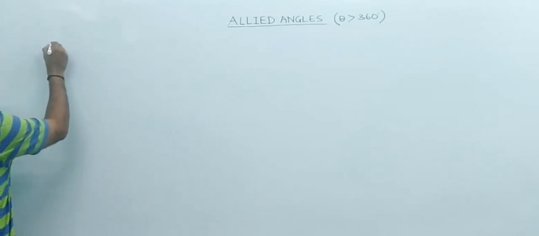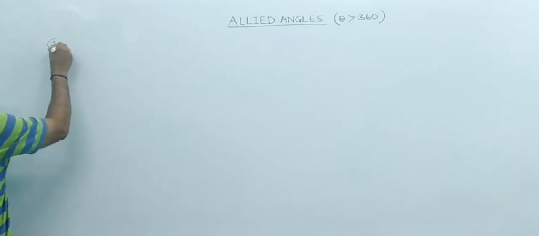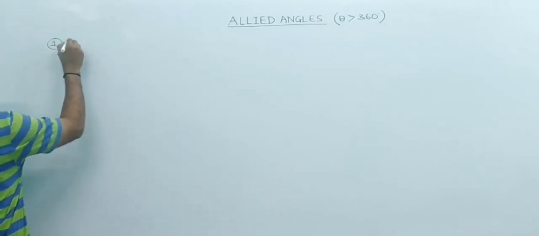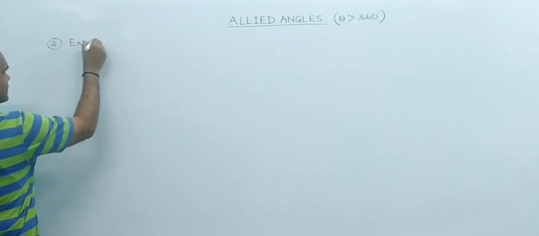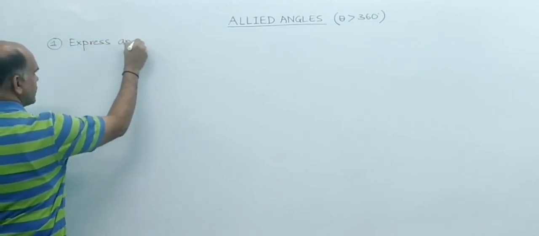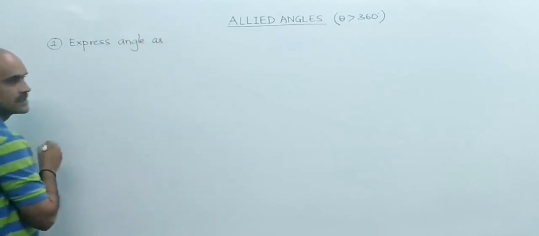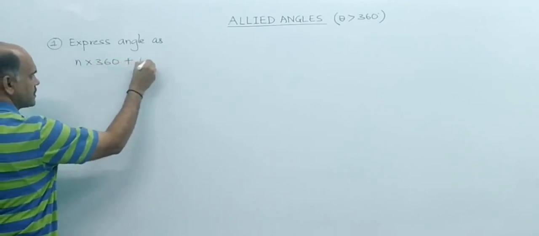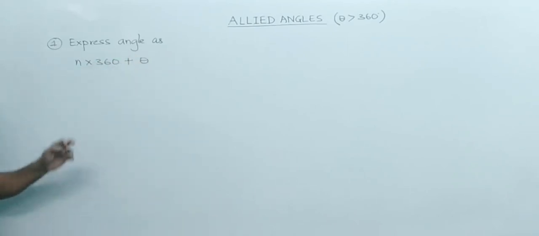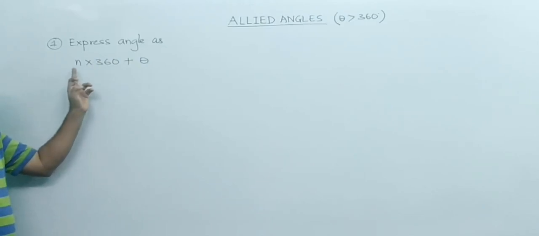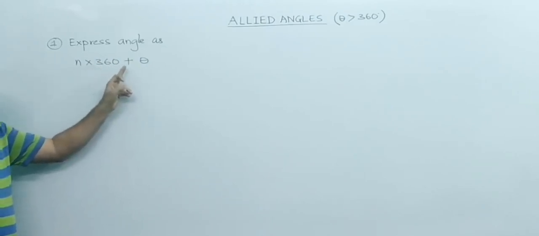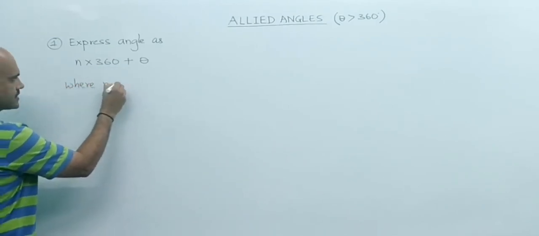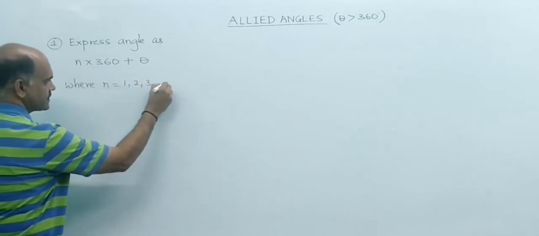So first one, suppose if angle is greater than 360, express it as n into 360 plus theta, where n is equal to 1, 2, 3, and so on.